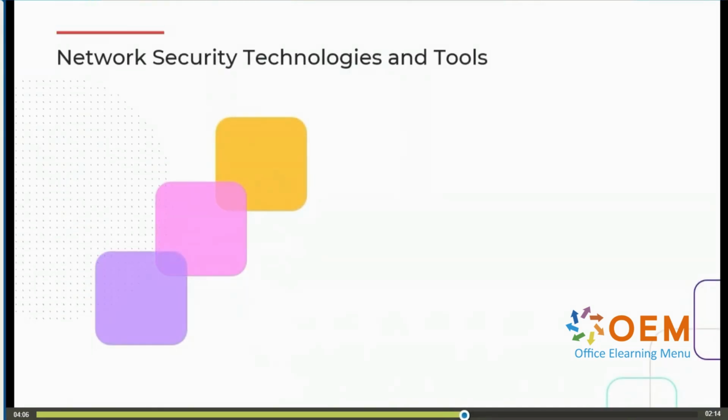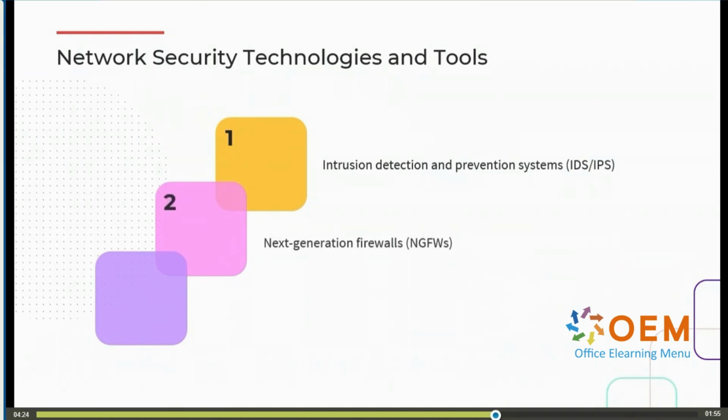So what are some technologies and tools that we can use to help us when implementing these architectures? One helpful tool available to us are intrusion detection and prevention systems, or IDS/IPS, which can help us detect and respond to intrusions or cyber events in our network. Next generation firewalls, or NGFWs, which can help control communication to and from as well as within our networks, and then analyze that traffic and perform more intelligent computations and analysis around that traffic.